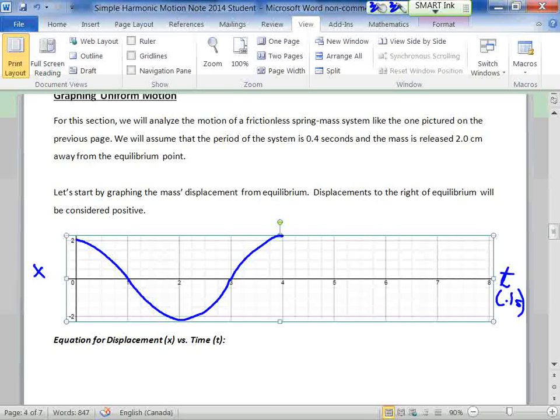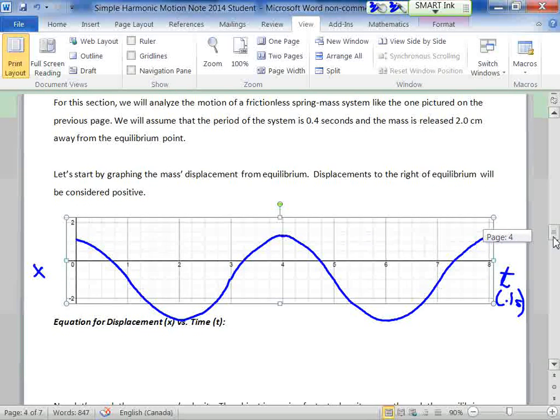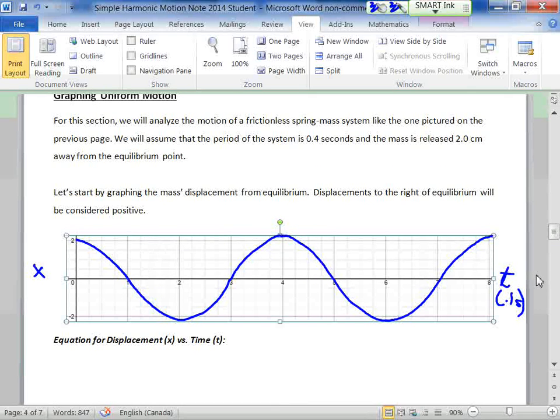And we can do 2 cycles here. Because I said the period is 0.4 seconds. And x is in centimeters.